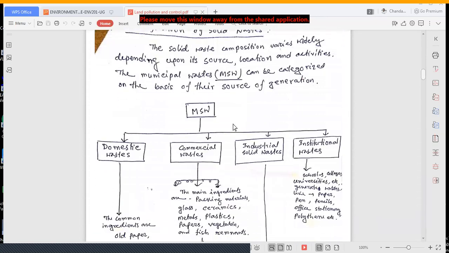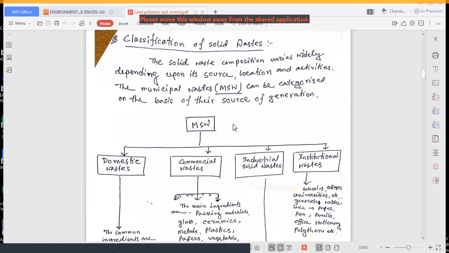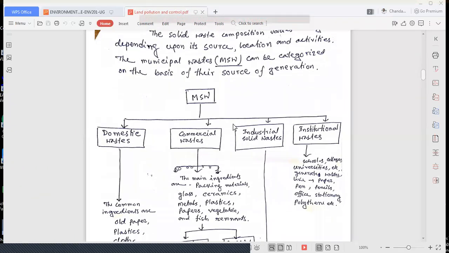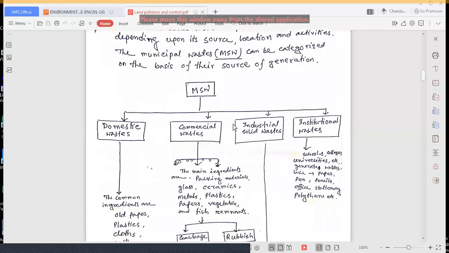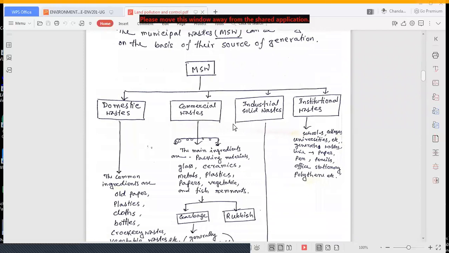This is the classification of solid wastes. This is the classification for municipal solid wastes: domestic wastes, commercial wastes, industrial solid wastes, institutional wastes.